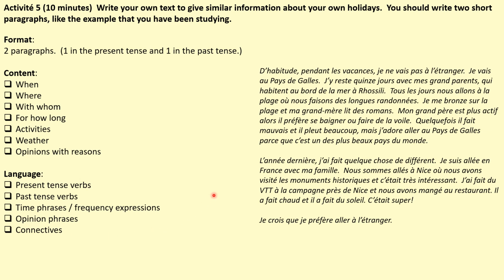Remember to really make use of the example text, particularly when it comes to things like connectives such as alors, so or therefore, mais, but. You might also want to use a couple of the time phrases, quelquefois, sometimes, or d'habitude, usually. Anyway, now it's over to you. Take 10 minutes to write your paragraphs. Pause the video now.